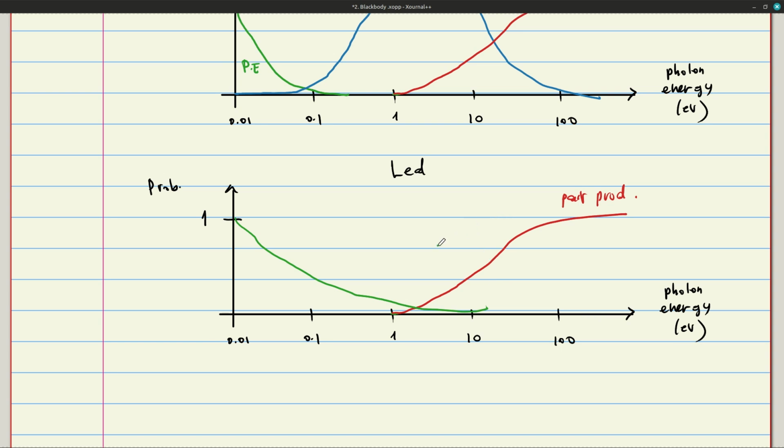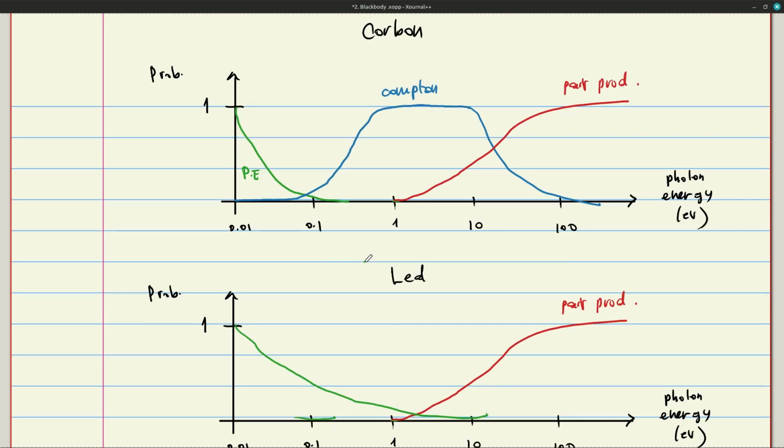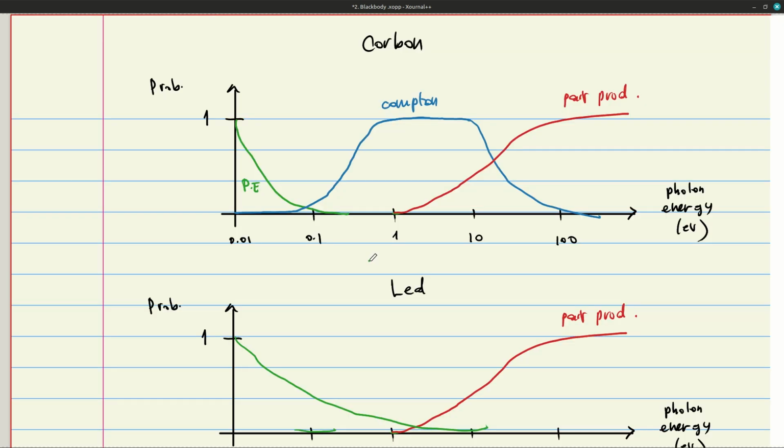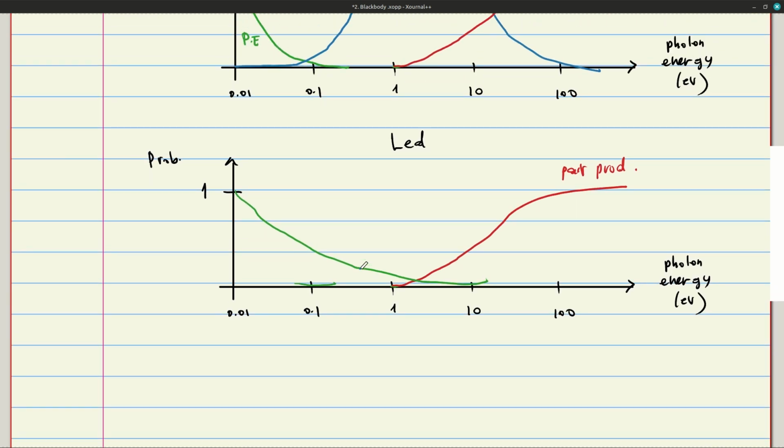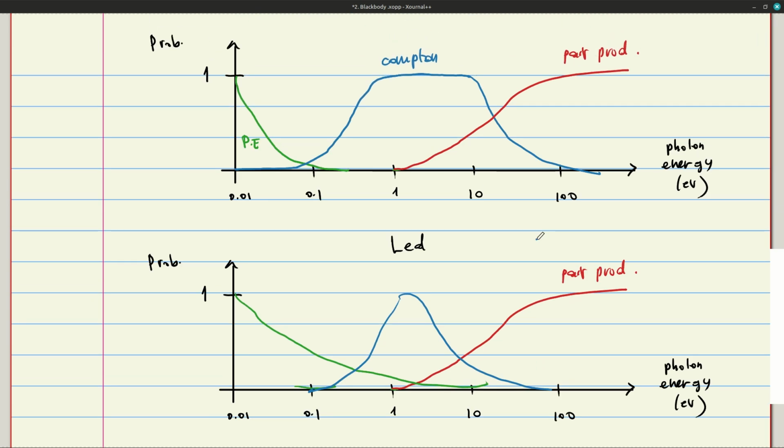Blue. Maybe something like that. So the answer to your question is it depends on the material you are working with, but the general picture is there is some region for the photoelectric effect, some region for the Compton effect, and some region for pair production.